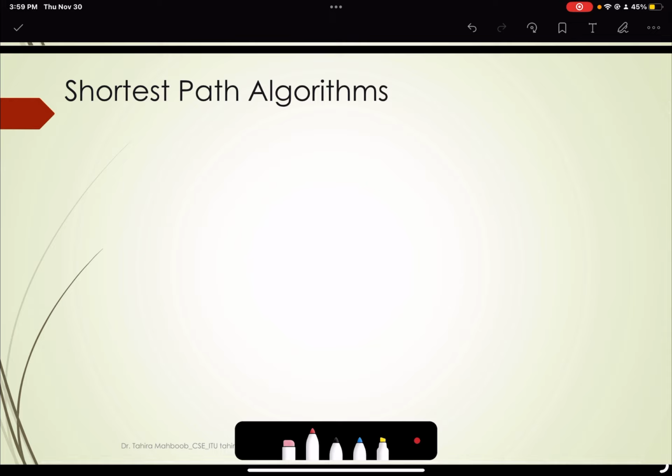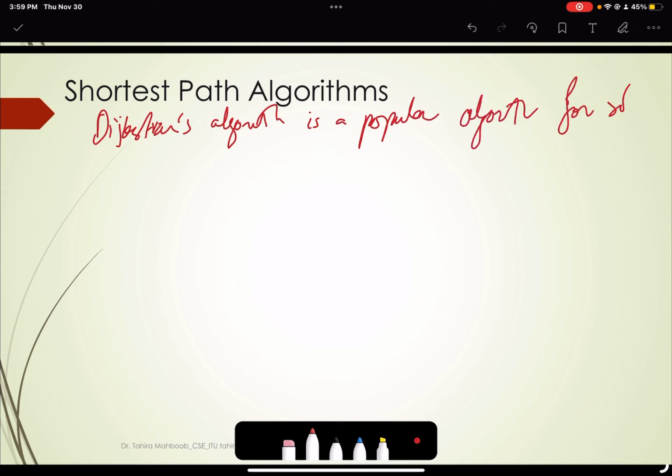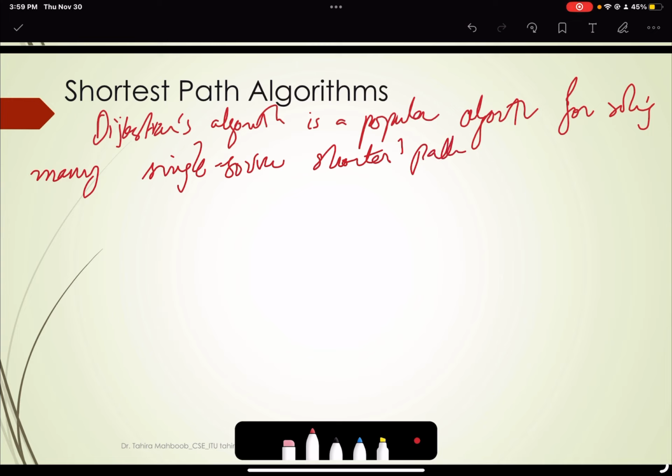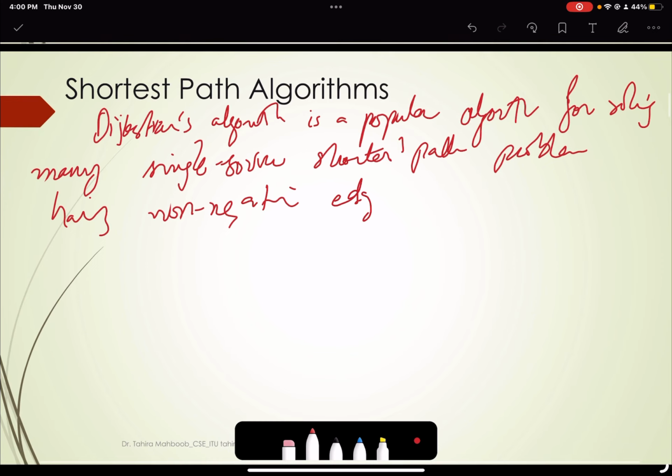So Dijkstra's algorithm is a popular algorithm for solving many single source shortest path problems, having non-negative edge weights in the graphs.